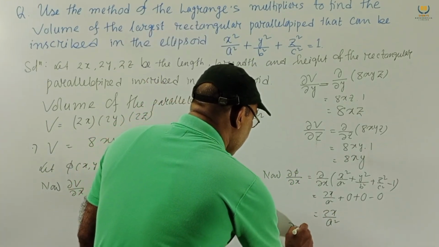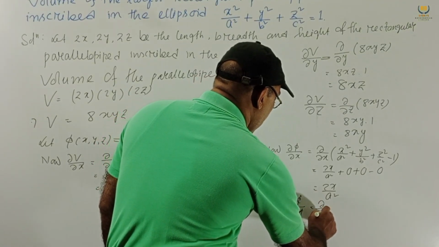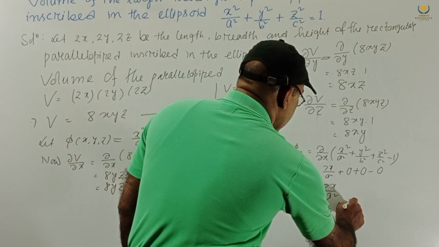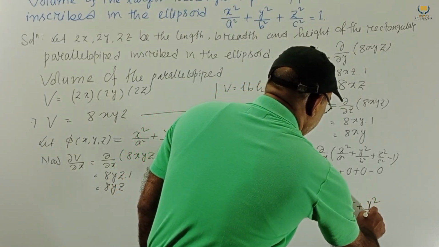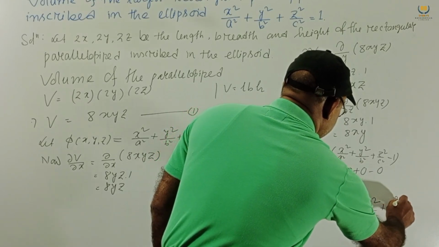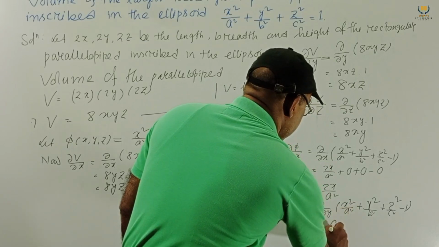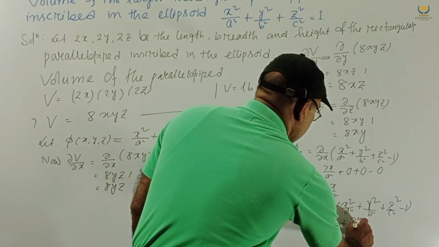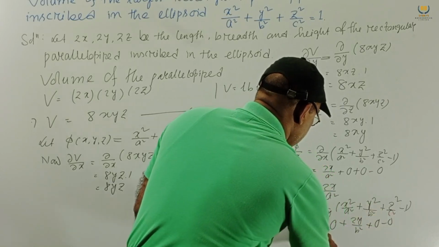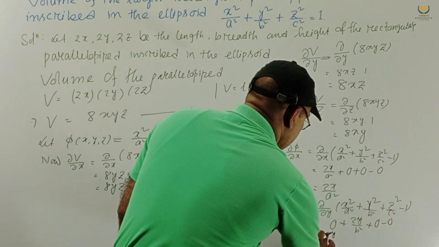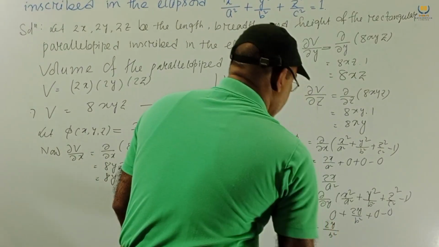Next, del phi by del y of x square by a square plus y square by b square plus z square by c square minus 1. First one is 0 and this is 2y by b square plus 0 minus 0, so 2y by b square we get.